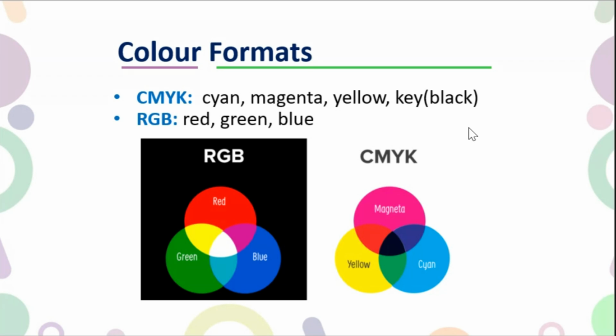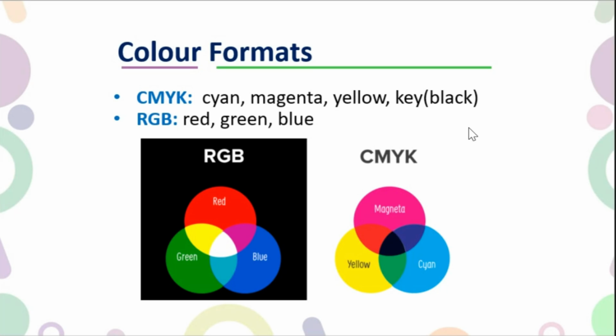That's when you are designing for printouts, the printer uses CMYK. So when the design you are designing is going to be printed, you have to design it in that color format.